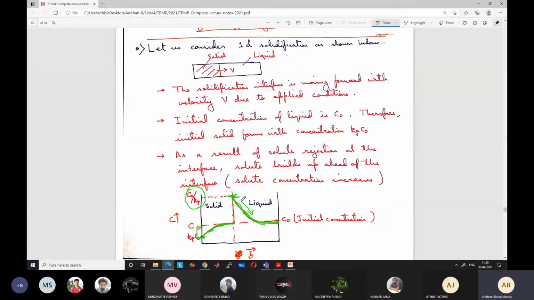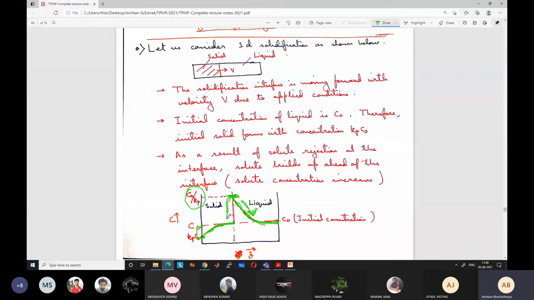Now if we consider the mechanics of this interface, there are two things. One is that the liquid is at C0 by Kp, very high concentration, and the solid forms at C0 concentration. So this rest of the solute, this much length, is not going into the solid.